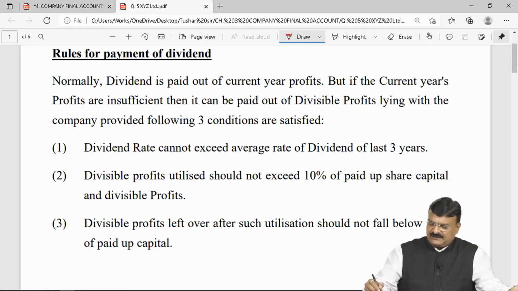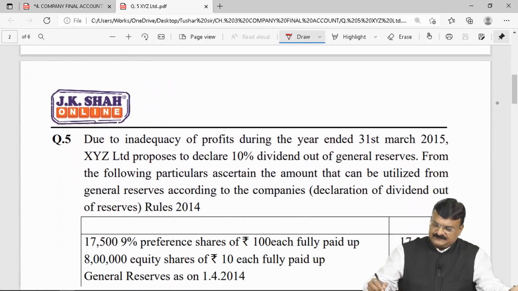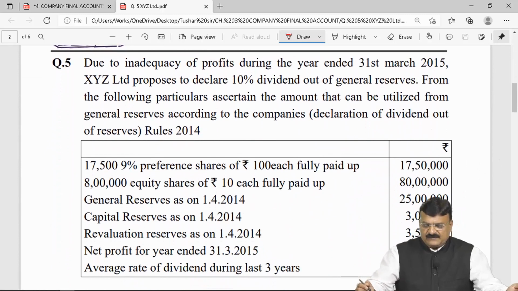See question number 5 in your textbook. Due to inadequacy of profits during the year ended 31st March 2015, XYZ Limited proposes to declare 10% dividend out of general reserve. It is clearly given that it is to be declared out of general reserve.